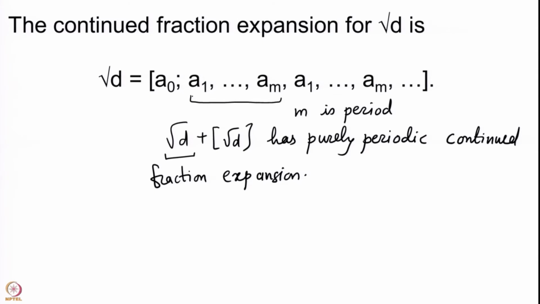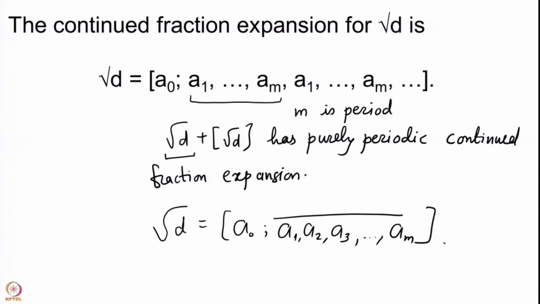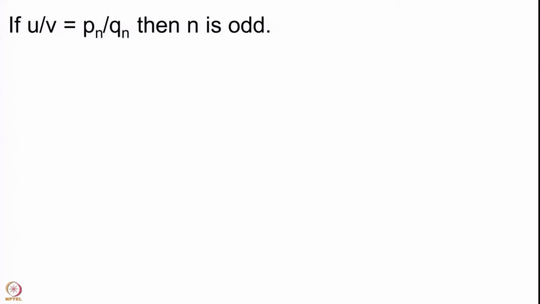So, you will have a1, a2, up to am, then again a1 and so on up to am, then again a1 and so on up to am. So, we have that root d turns out to be a0 and then you have a1, a2, a3 and so on up to am bar. This is the continued fraction expansion for any root d, and of course we know how to compute the partial quotients, the complete quotients and the convergents.